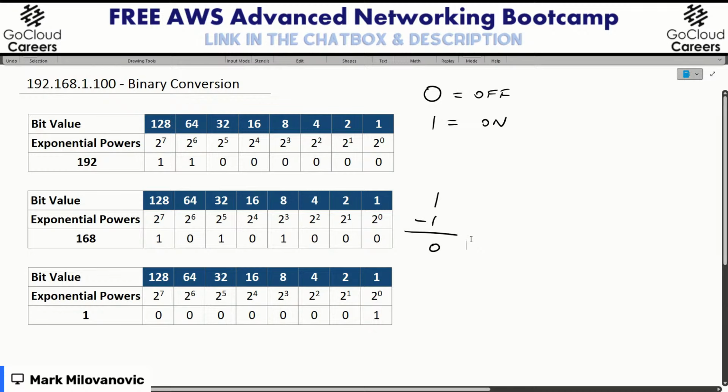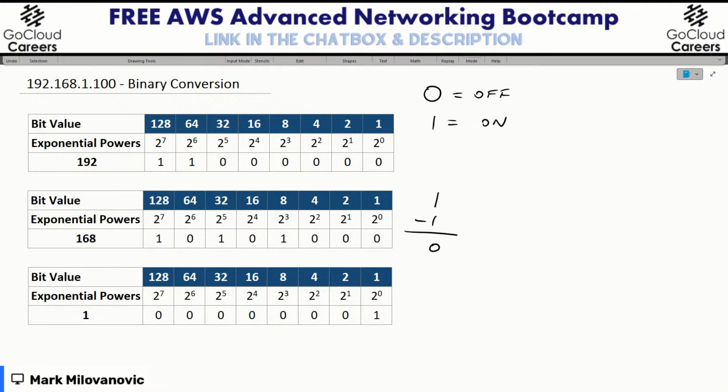Does everybody agree with this? That the final binary value, the conversion for the decimal value 1, is 0, 0, 0, 0, 0, 0, 0, and finally a 1.